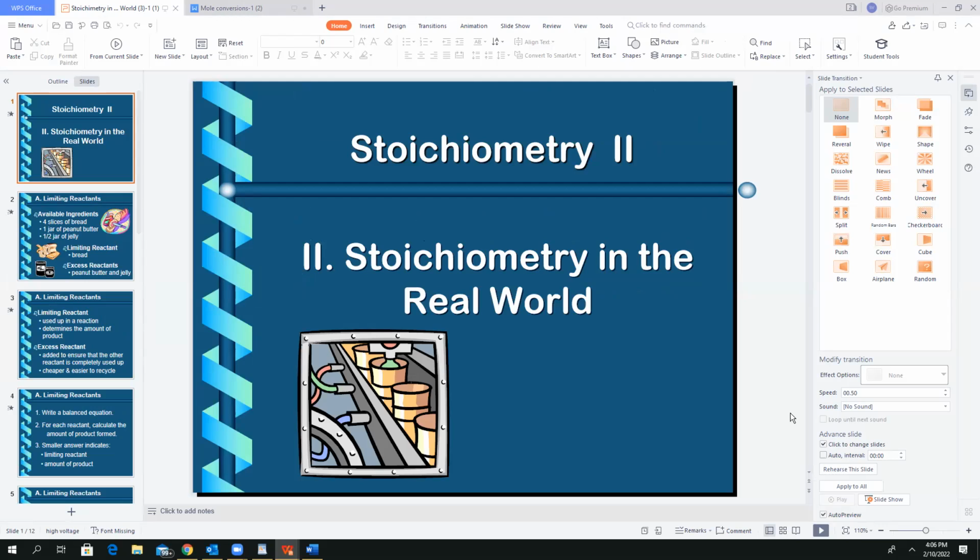This is very useful in chemistry because after a company has been doing a certain process for many years, they actually calculate their percent yield every time, right?